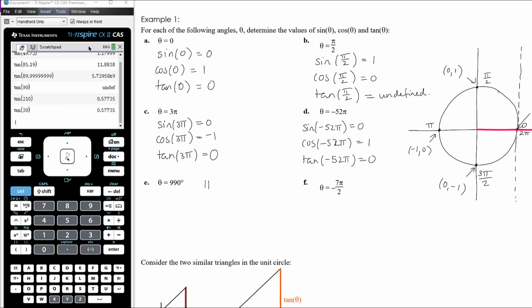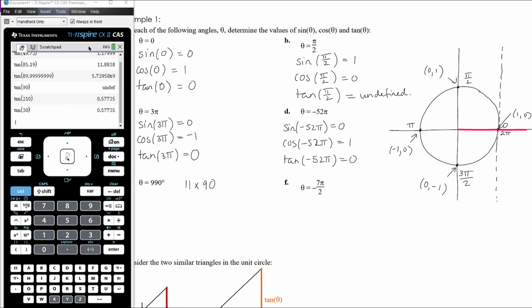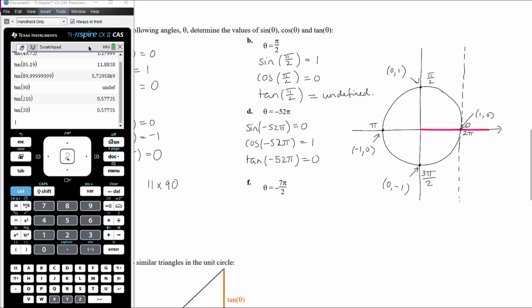It's 11 lots of 90 degrees. So again, let's think in our unit circle where that would be. That's 1 lot of 90 degrees, 2, 3, 4, 5, 6, 7, 8, 9, 10, 11.